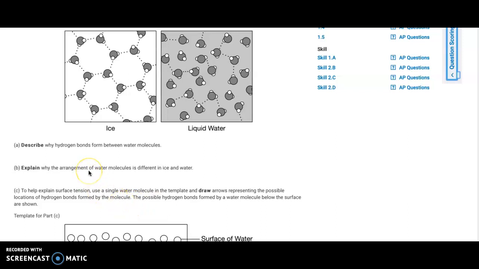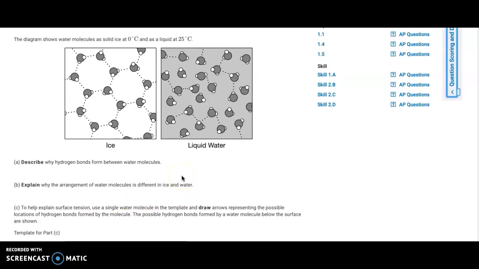Part B, explain why the arrangement of water molecules is different in ice and water. Now, some of you just gave too simple of an answer here. You said something like ice is less dense than water, which doesn't explain why the arrangement is different. Some of you did talk about how liquid water has more energy, and so the bonds are breaking and reforming, whereas solid water has less.